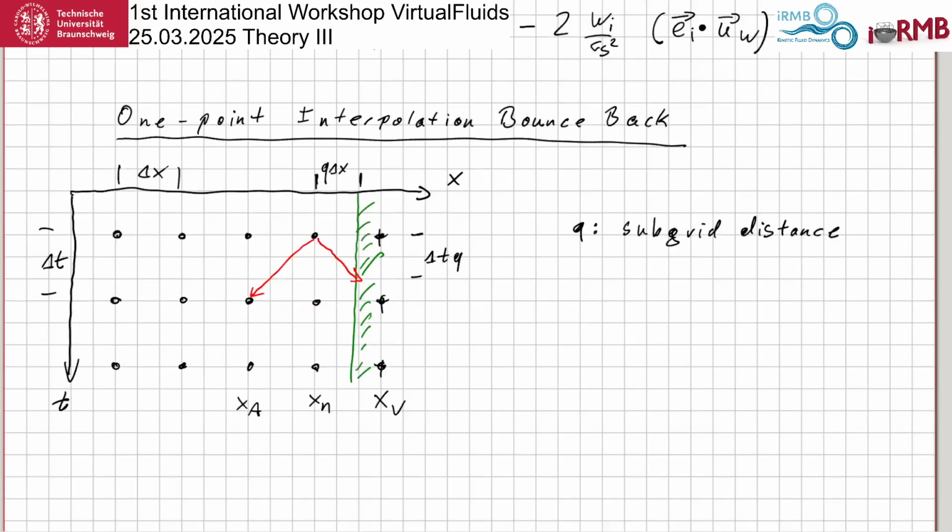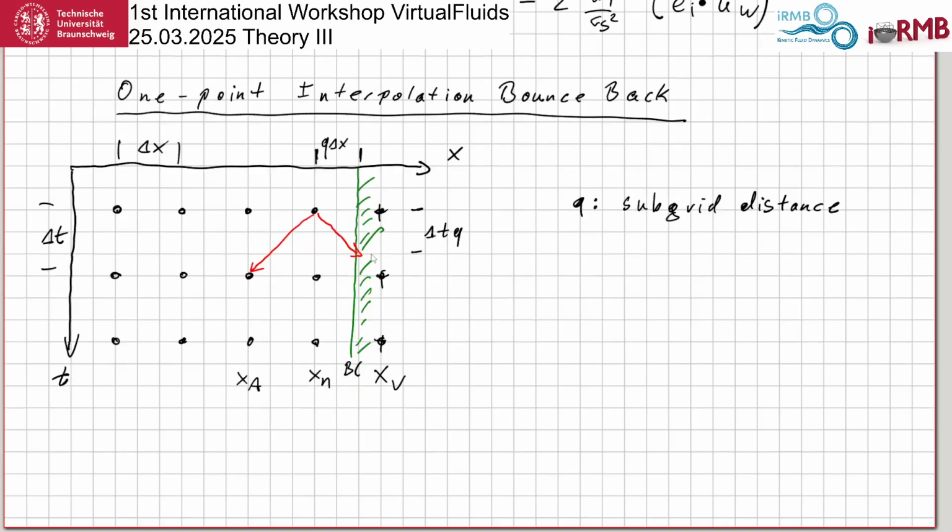So now we have to get to this. So we need to go to the actual boundary. And we do this by using linear interpolation. So we do all of this by linear interpolation along the characteristic.